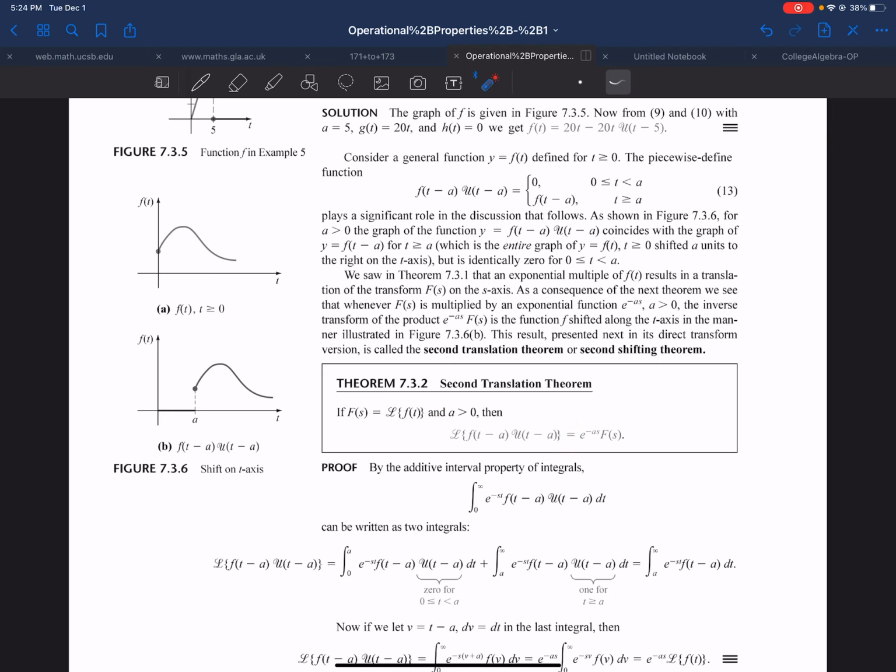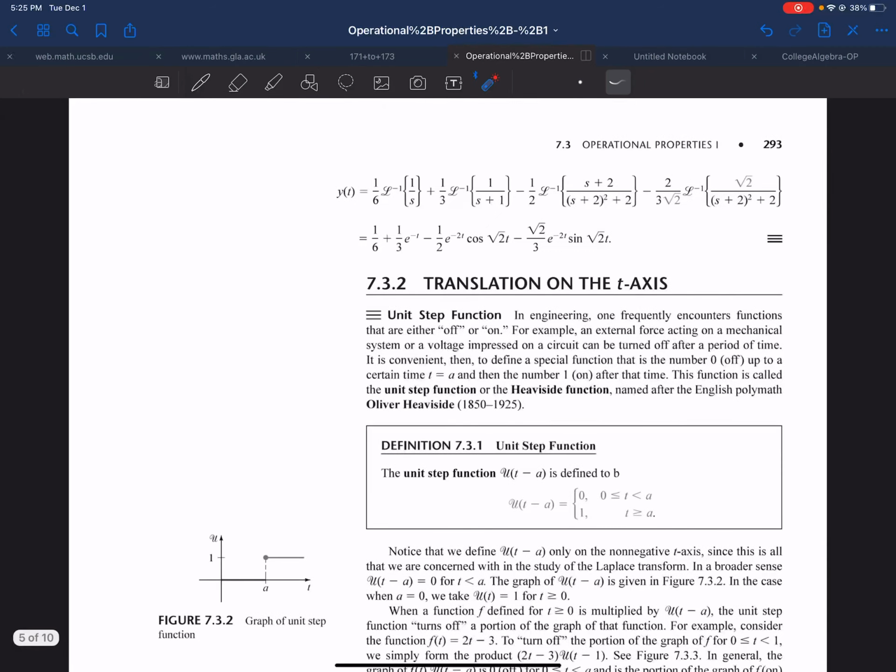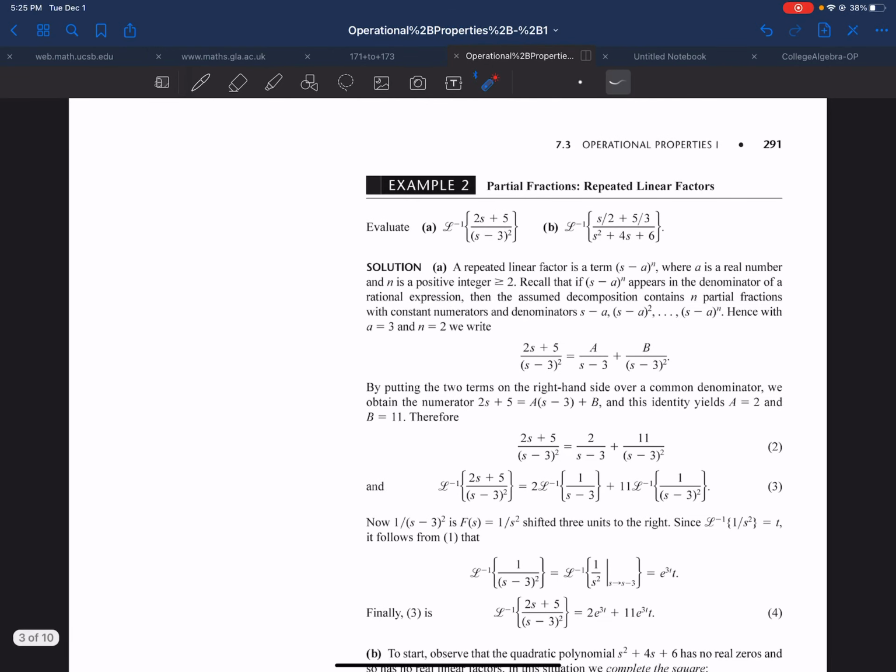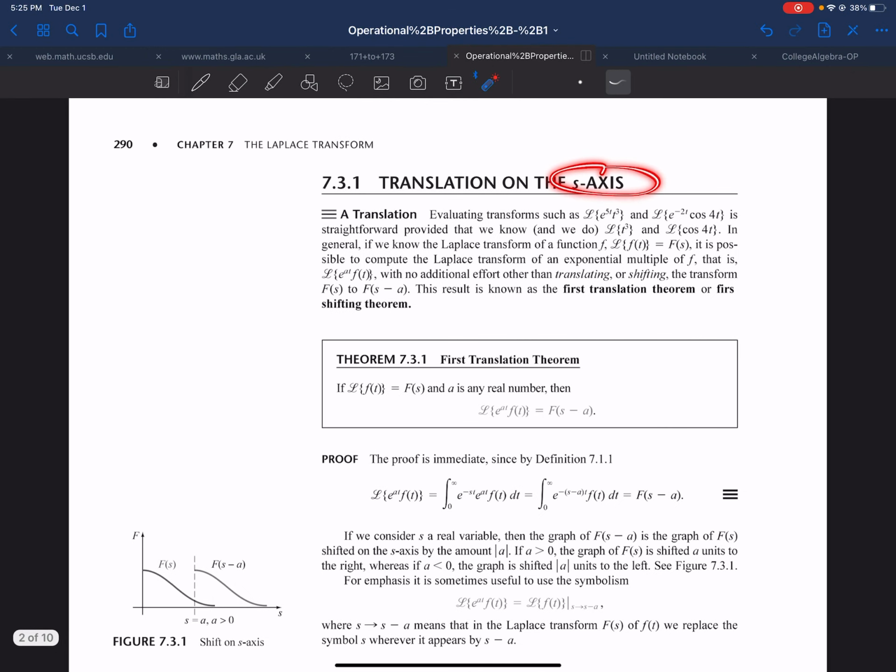And that shifts the function back in the t land. So multiplying by an e in the s world shifts the function back in the t world. The first one was called translation on the s-axis. And notice this one, we're going in the forward direction. We're multiplying by a t now.